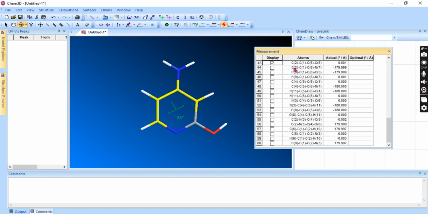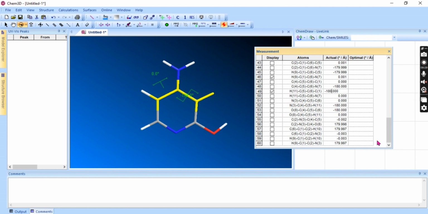The dihedral between the four carbons is 0, and this is 179, and this is 180. The dihedral between carbon numbers 4, 5, 6, and 7 (atom 7 is a nitrogen atom), and the hydrogen atom number 11, atoms 5, 6, and 1 also have a dihedral angle, and we have similar dihedral angles.